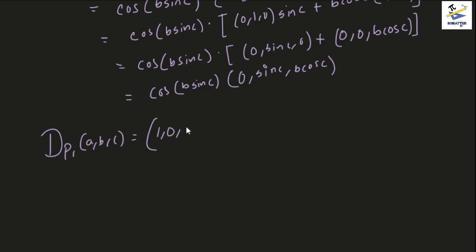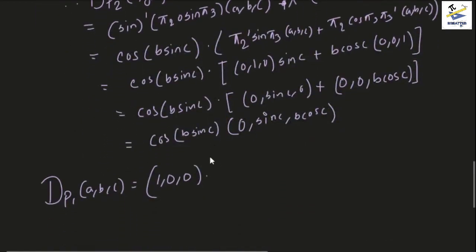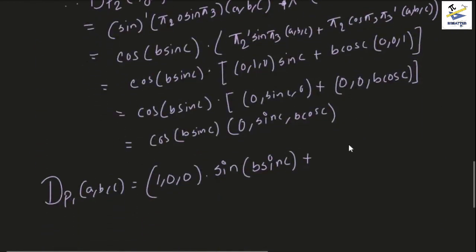Pi 1 prime means 1, 0, 0 multiplied by sine of b sine c, and then we have pi 1, which is basically a, cosine of b sine c times 0, sine c, b cos c.